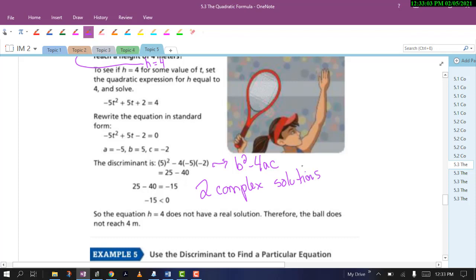Well, if they're not real, then we have no solution to the original equation. So h can't be 4. And that's what we're saying here. So really, don't overthink this one. Just make sure you know what h and t are, and really all equations.